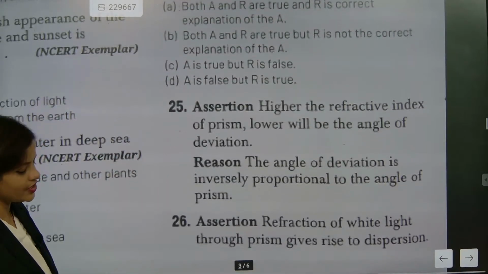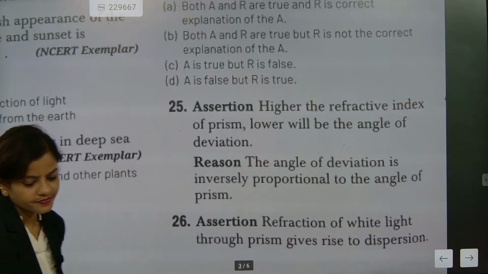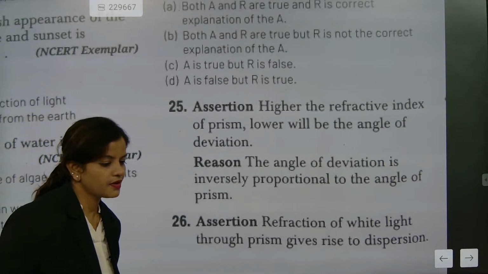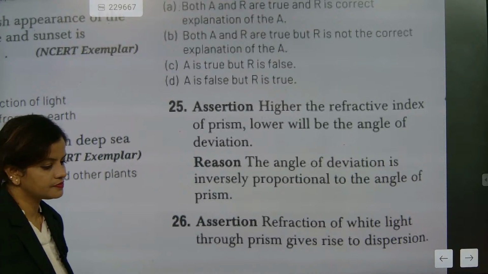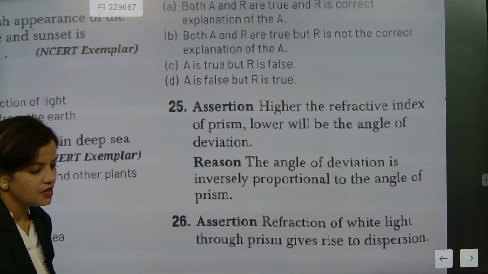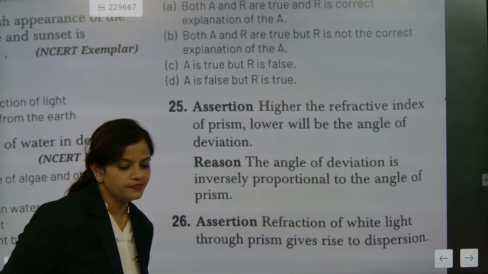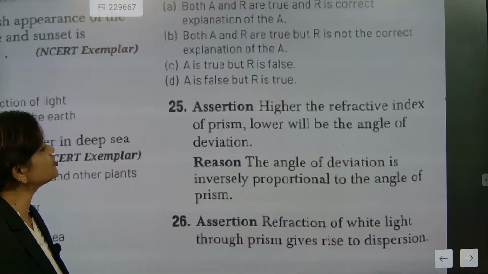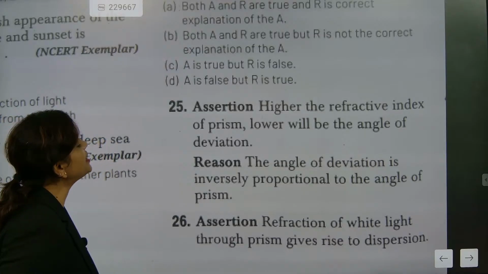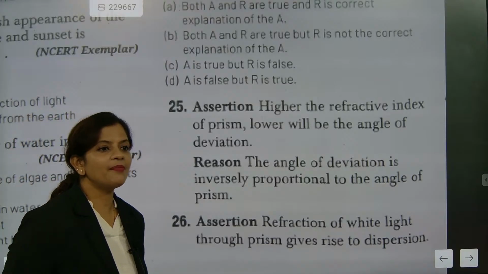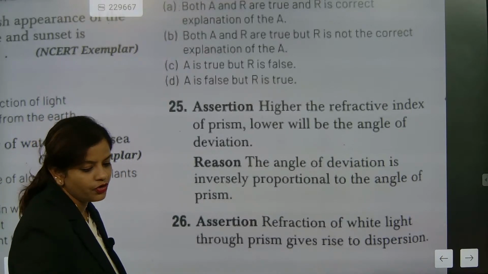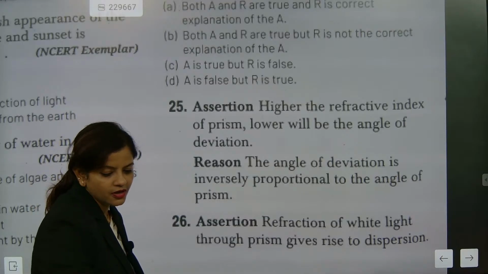And your first question goes like this. Come on, children, you can do it. Higher the refractive index of prism, lower will be the angle of deviation. Who is going to give the correct answer for question 25?